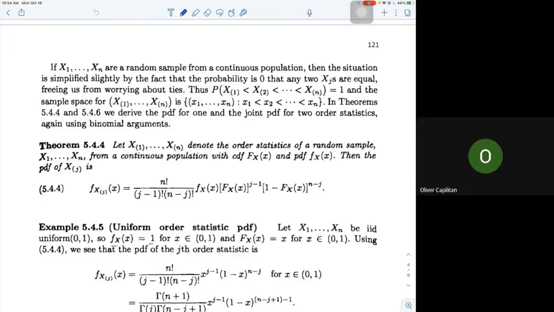That's the property of a cumulative distribution function.